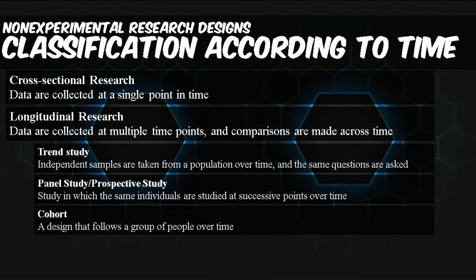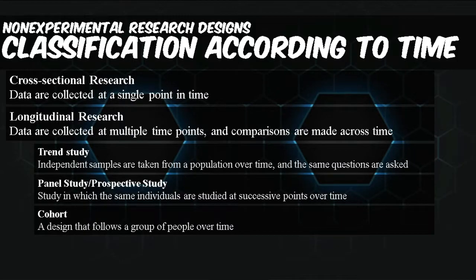Cohort researches are those that follow a group of people over time. For example, you're going to follow a group of senior high school graduates. First, you're going to identify what programs these students will enter at the tertiary level. How many of them will enter a STEM program, and how many of them will enter a non-STEM program, and then ask them their experiences for the duration of their stay in the university.